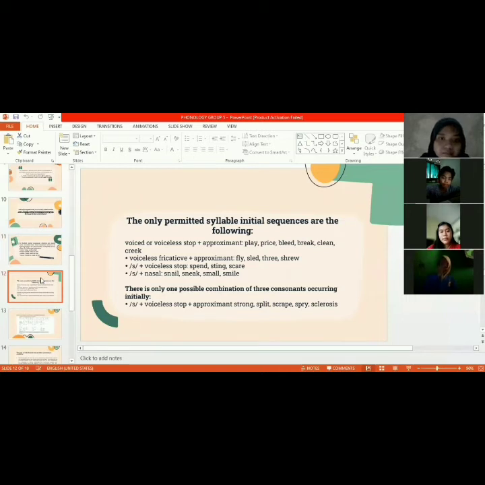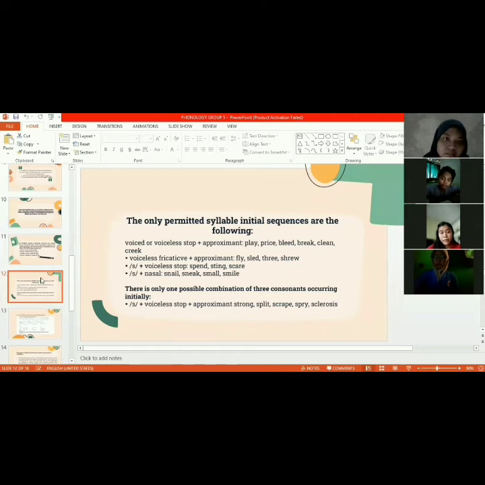The only permitted syllable initial clusters are the following: voiced or voiceless stop plus approximant: play, prince, blade, brick, clean, creek.